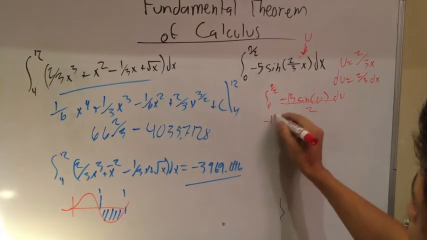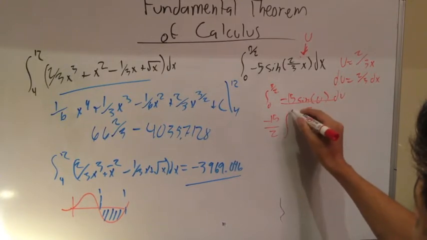So you get negative 15 over 2 and the integral.